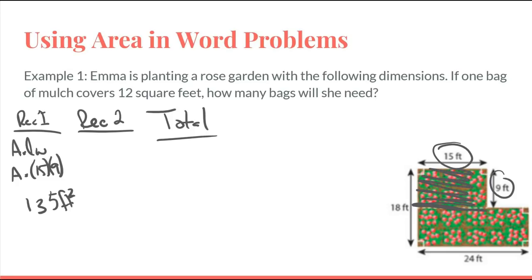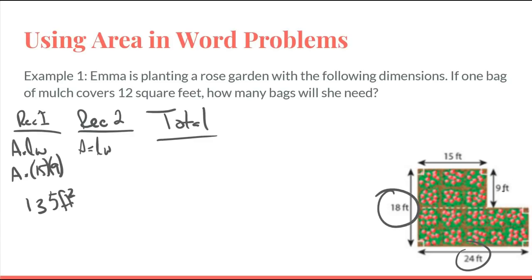For my second rectangle, I have a length of 24 feet. And they don't tell me my width, but I can figure it out again based off the information. Because my total width is 18, and this part is 9, which means 9 plus something gives me 18. So this side would have to then be 9 feet. So my length is 24.